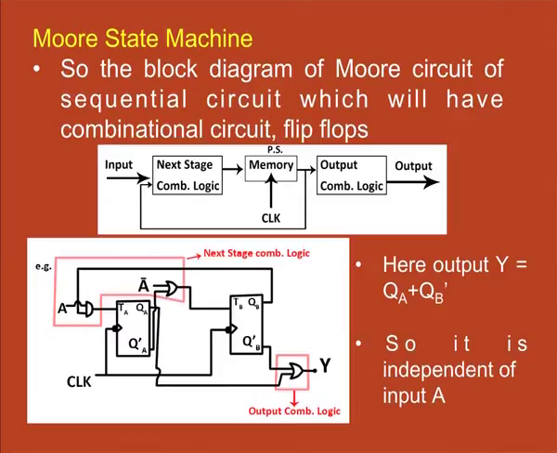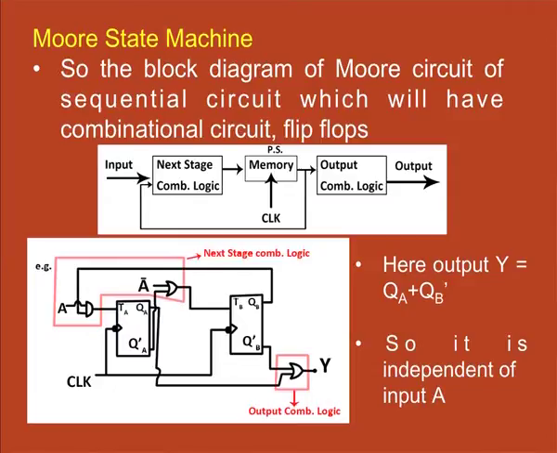So, here the block diagram is consisting of combinational circuit, flip flop and the sequential circuit. Here we have shown the combinational circuit, flip flop and the sequential circuit in the block diagram of Moore circuit, and here we have also shown an example of Moore state machine where we have two flip flops along with the two combinational circuits which are connected to the input and the output of the flip flops.